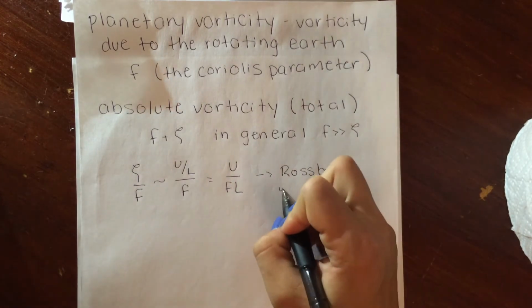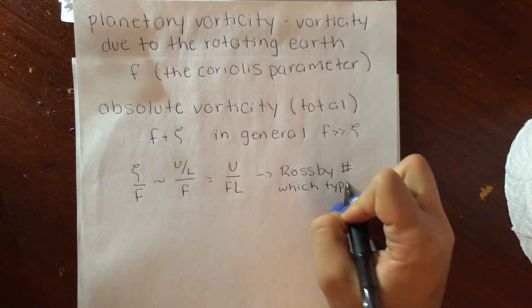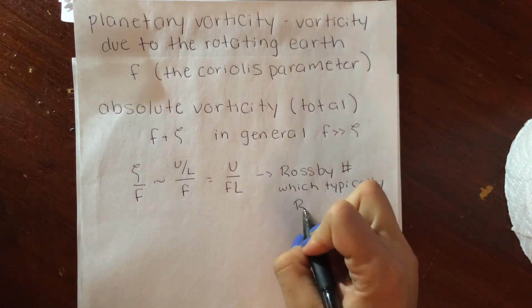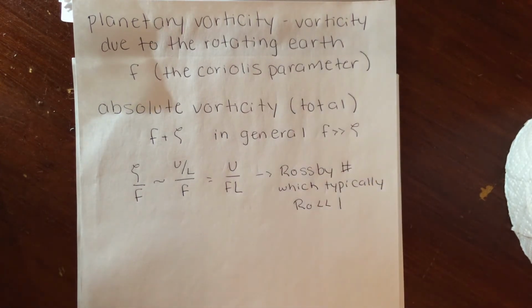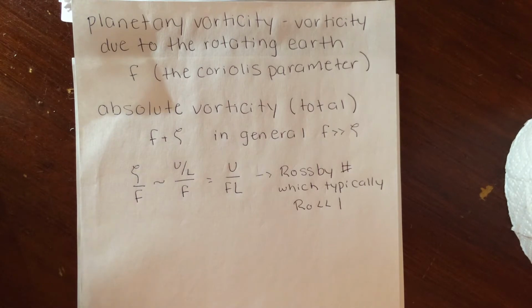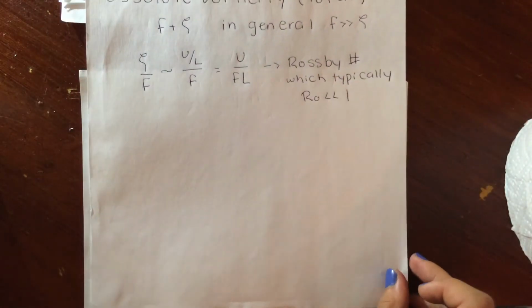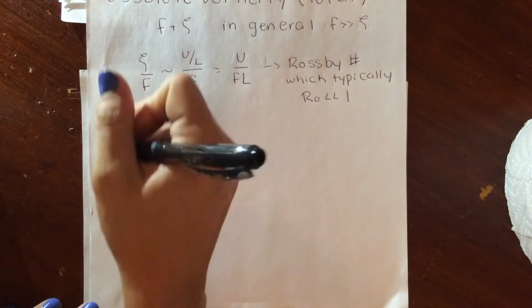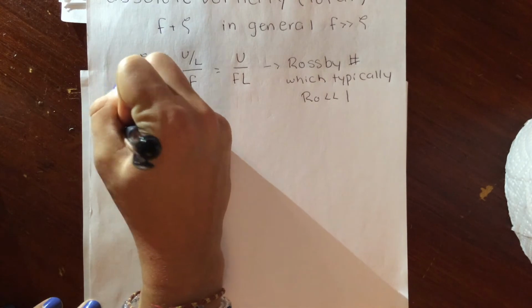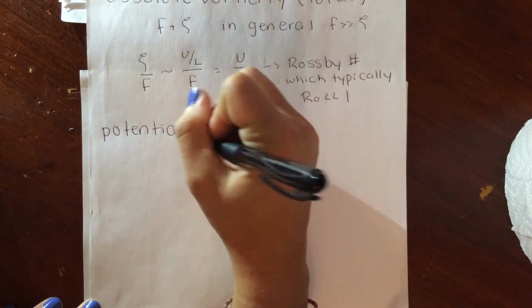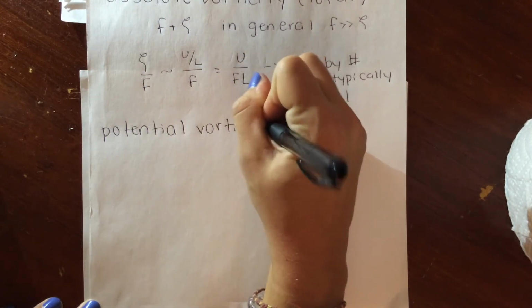We typically think of the Rossby number being much less than 1 for most oceanic processes, thus proving that our f parameter is much larger than our relative vorticity. Finally, we define potential vorticity.